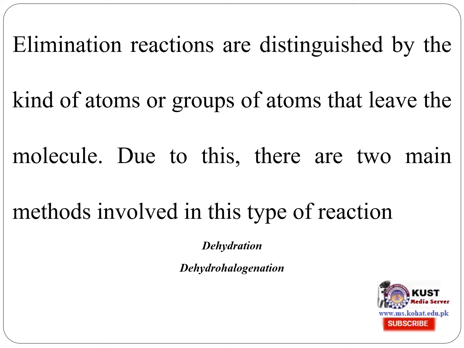And due to this, there are two main methods involved in this type of reaction: dehydration, meaning the removal of water, or dehydrohalogenation, that is the removal of a halogen and hydrogen from the substrate.